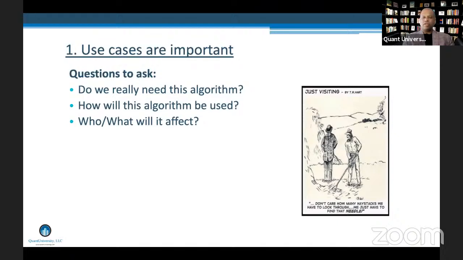And is the usage going to be limited to a small group wherein you're trying to automate certain things, where you have a base case that this is how things were done, and when we use this algorithm, this is how things are going to be affected, and then we can focus on this narrow use case? Or is it going to have a larger effect? For example, if I'm deploying a credit decision making algorithm, at that point, it's no longer just a small group of folks who are going to be affected. It's probably going to be an entire segment of the population. And then the scope is going to be different.